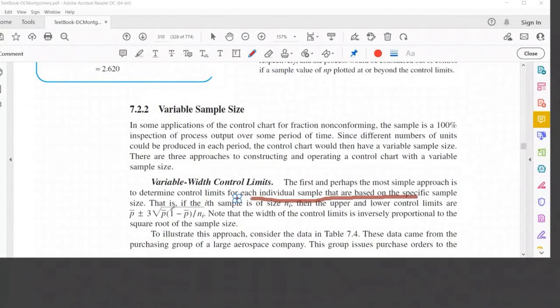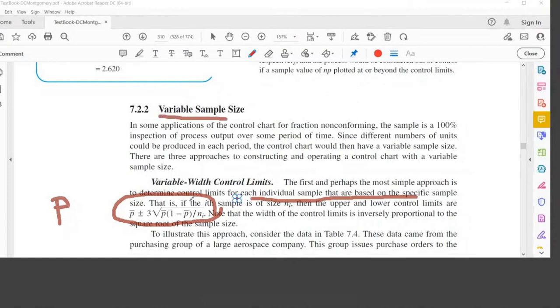So this formula will be used, where in this case it is talking about P chart. NP chart is used for fixed sample size. Sorry, this is talking about in general.